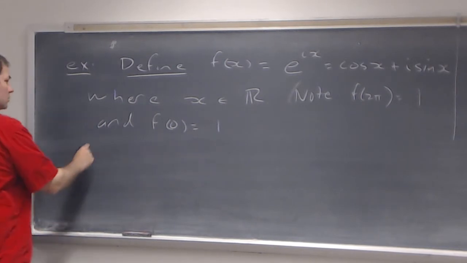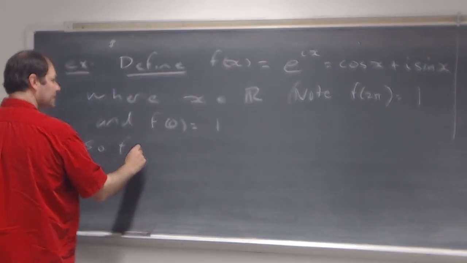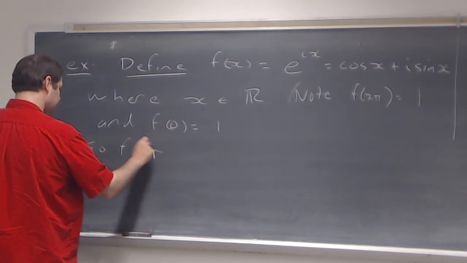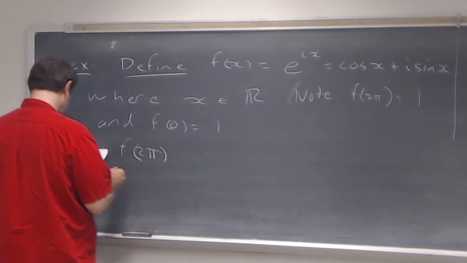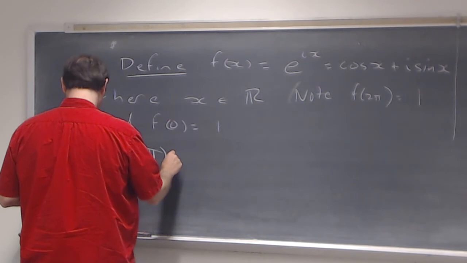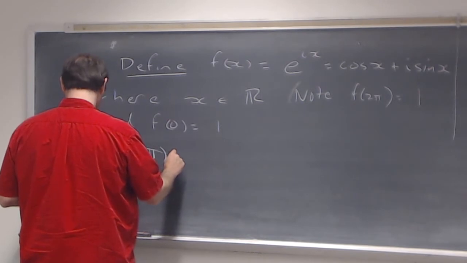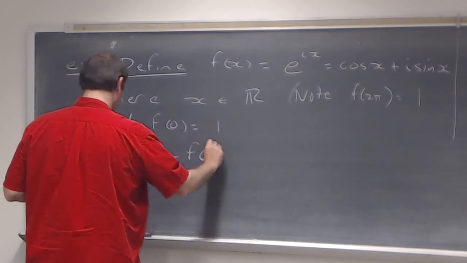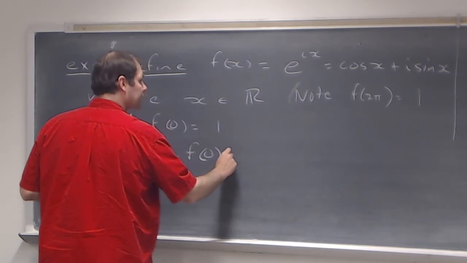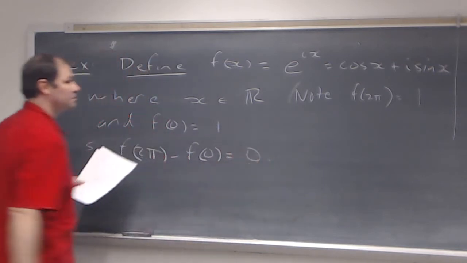So what we have is f of 2 pi minus f of 0 is equal to 0.